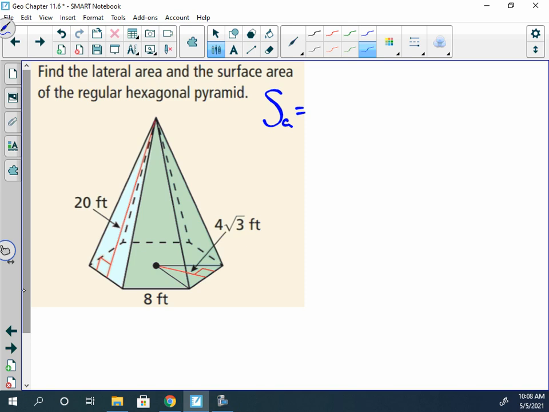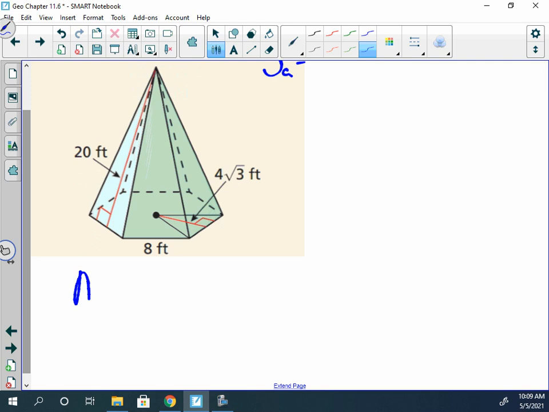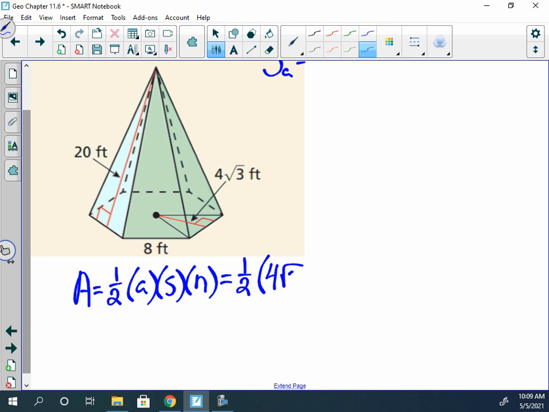All right, we have a regular hexagonal pyramid. So again, we have 6 sides, hexagon. So the first thing we can find really is the area of the base, which would be 1/2 the apothem times the side length times the number of sides. So what's our apothem? 4 square root of 3. Our side length would be?